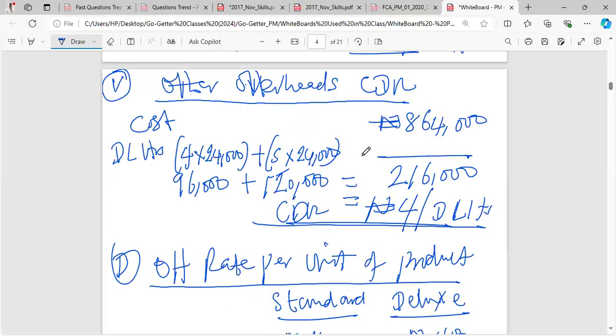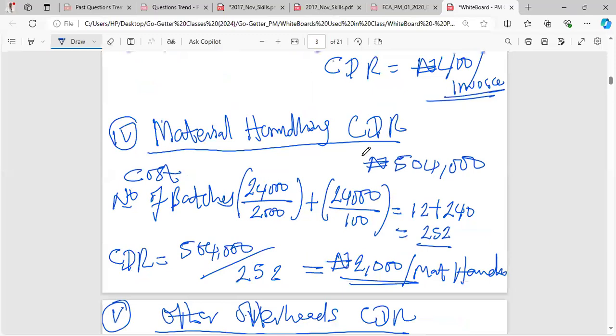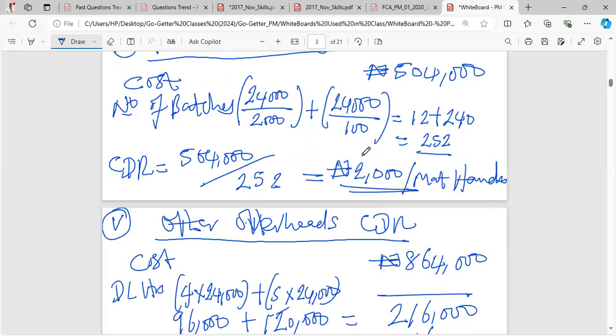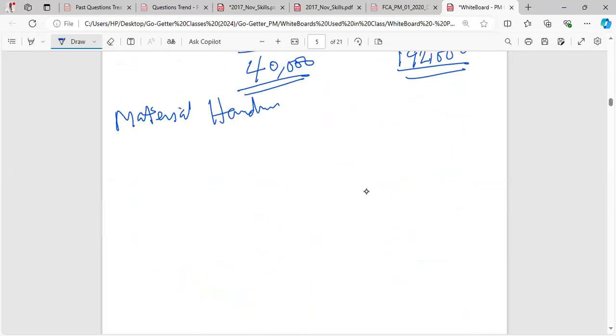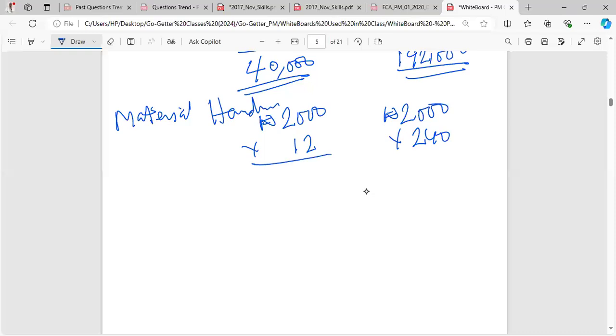For material handling we have 2,000, and our batches are 12 and 240. So this is going to be 2,000 multiplied by 12 and multiplied by 240.